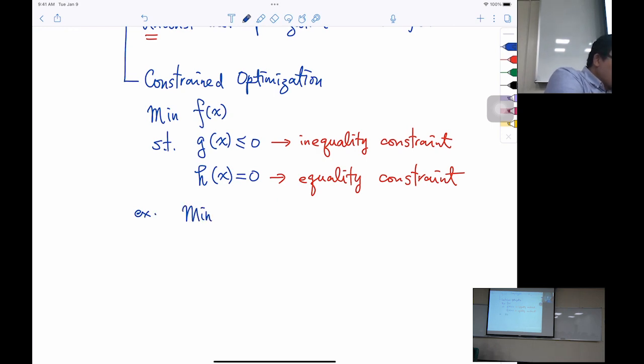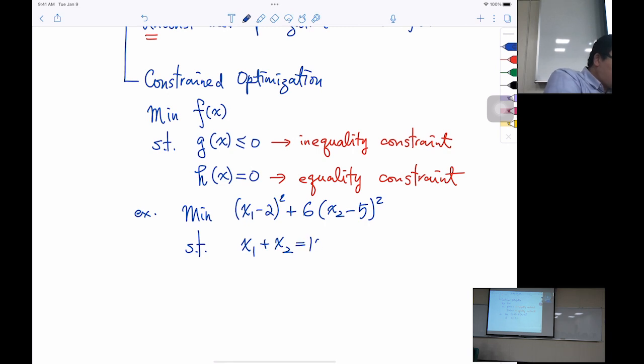Minimize (x1 minus 2) squared plus 6(x2 minus 5) squared, subject to x1 plus x2 equals 10, x1 minus x2 must be greater than some value, maybe 5.